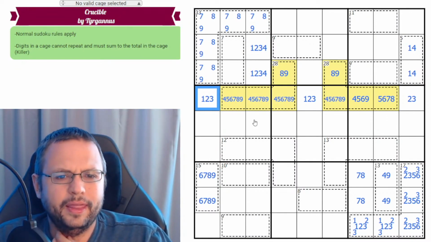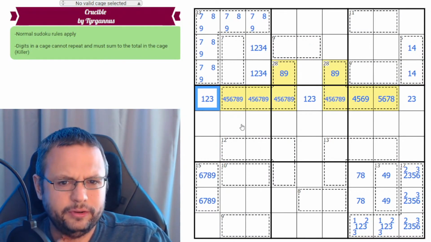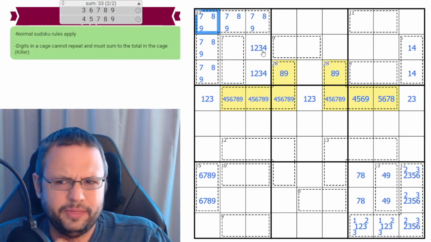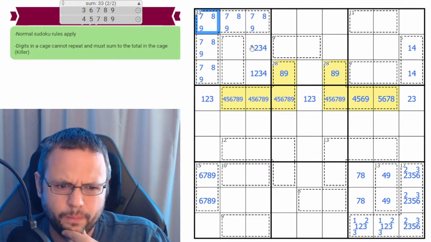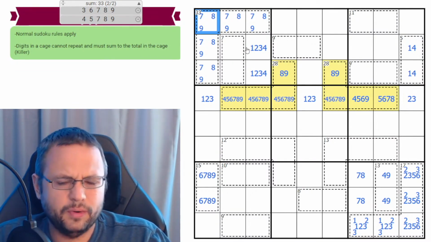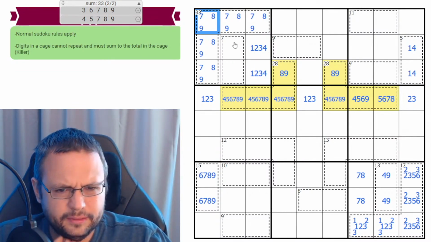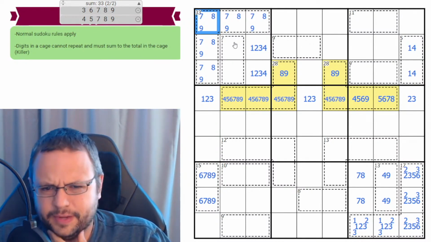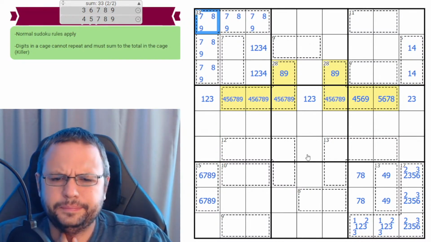And so that is not quite going to work. Let's see, what are the things in my 33 cage? They're either 3 and 6 or 4 and 5. It's fine.